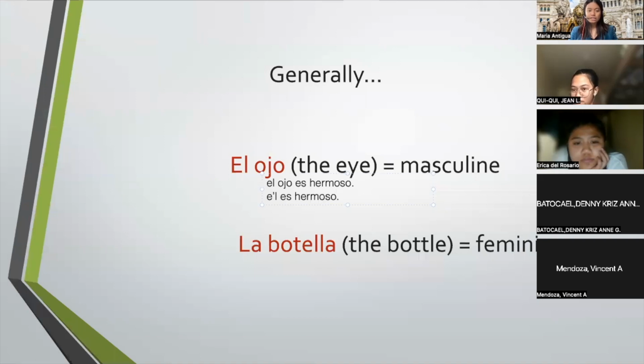Él es hermoso. Alright? Kanina may sumagot, es hermoso. Yes, because it's also correct. Because again, if you remove that, es hermoso, it's understandable na it is beautiful. Because es is the conjugated form of the verb ser in the third person.